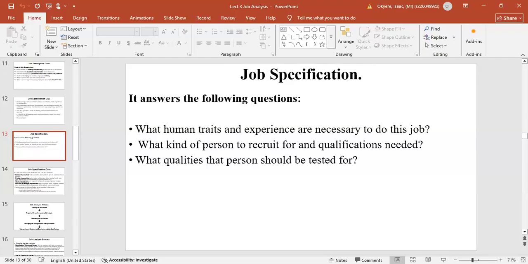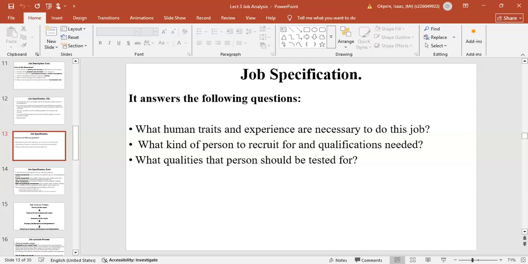So the job specifications are the qualifications that you must have to perform a job. These are the given qualifications.